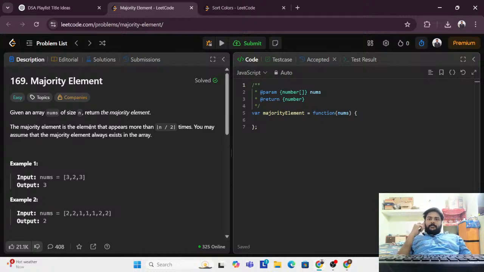The majority element is the element that appears more than n by 2 times. So it is not just asking us to find the majority element; technically it is, but it also checks that the count should be greater than n by 2.